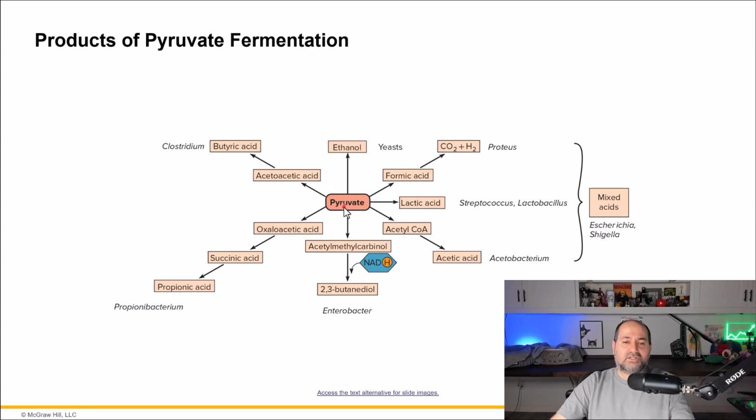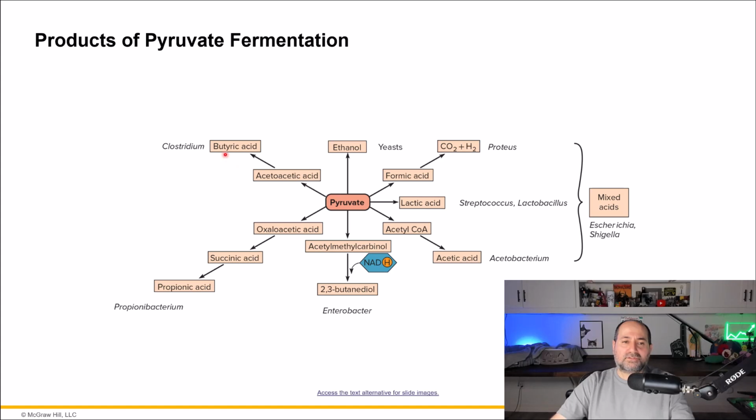Check this out. Some organisms, like Proteus, can produce formic acid and CO2. Streptococcus and lactobacillus can form lactic acid. Acidobacterium produces acetic acid. Enterobacter produces 2,3-butanediol. Propionibacterium produces propionic acid.